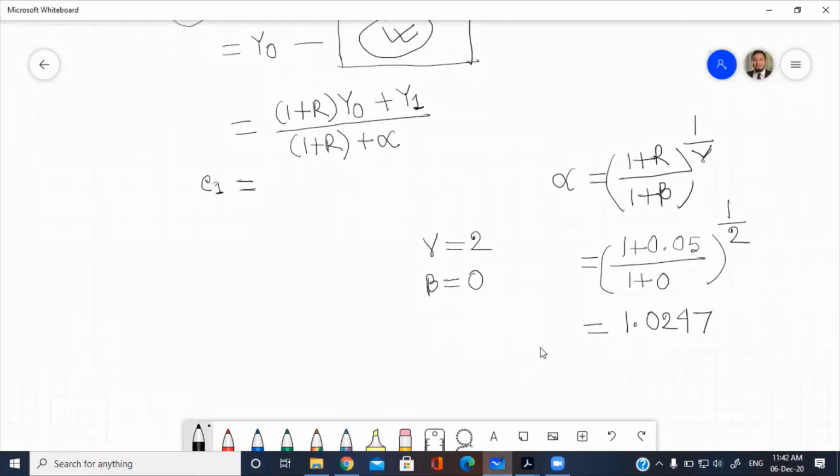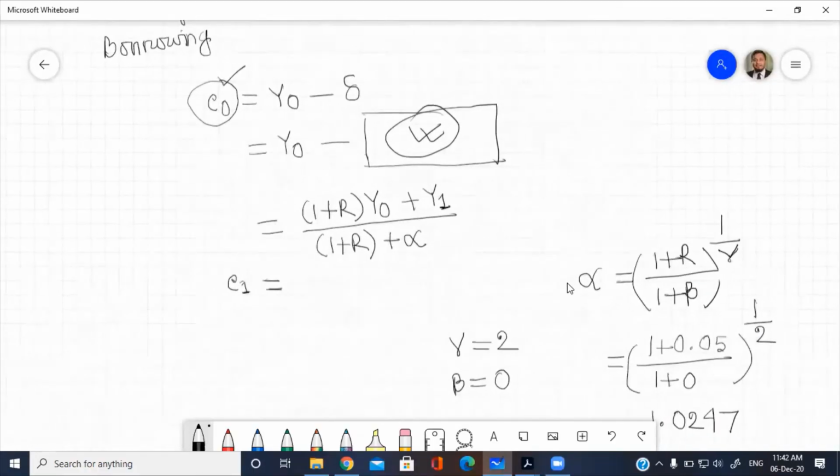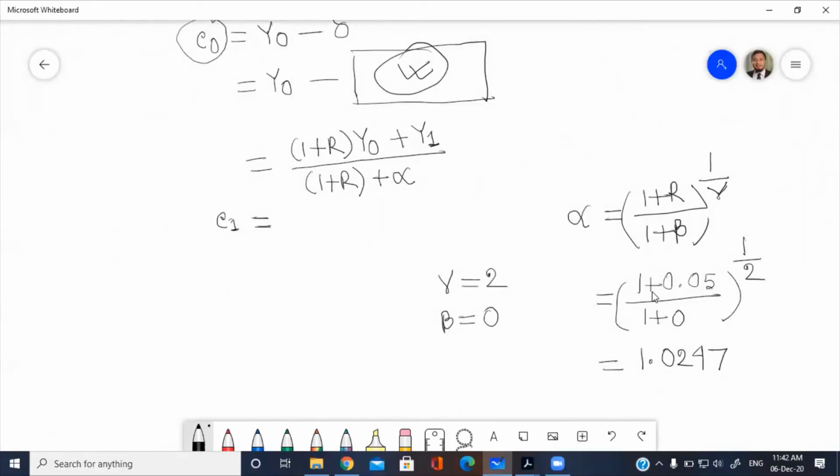Okay. Now, if it is possible, let me give you some hint for solving the optimal consumption in terms of a numerical number. You already have got 1.0247. I'm just writing it down to show you how you can come up with this number. You see that R is equal to 0.05.